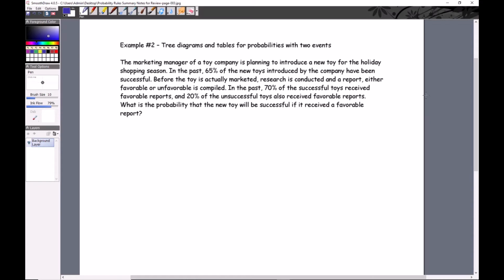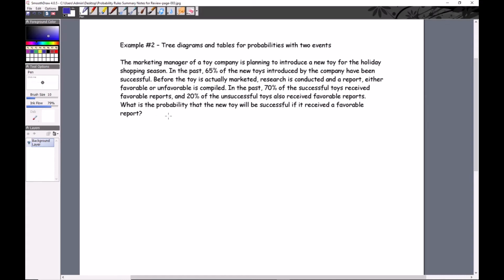In the past, 70% of the successful toys received favorable reports, and 20% of the unsuccessful toys also received favorable reports. What is the probability that the new toy will be successful if it received a favorable report?